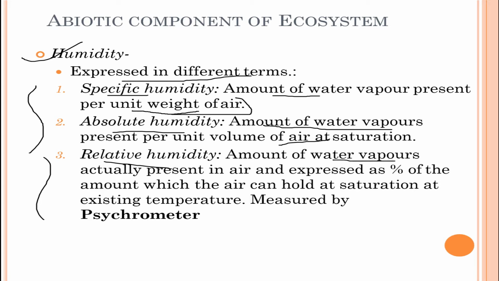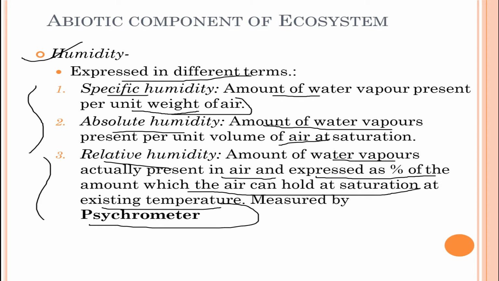Relative humidity is the amount of water vapor actually present in air, expressed as a percentage of the amount which the air can hold at saturation at the existing temperature, and this is measured by a psychrometer. So these are the three terms in which humidity can be expressed.